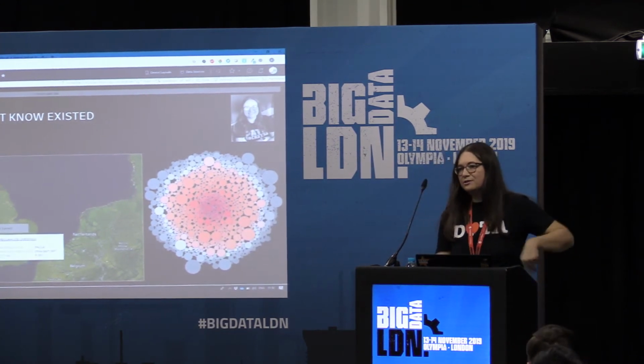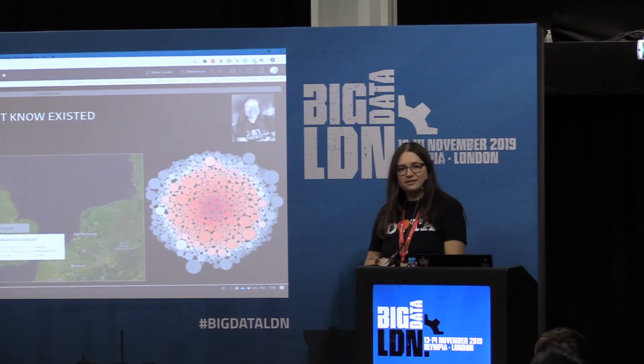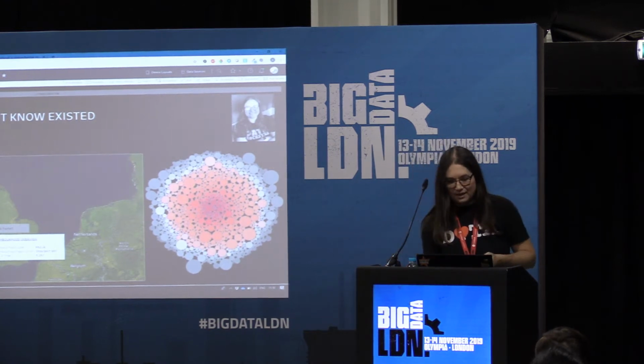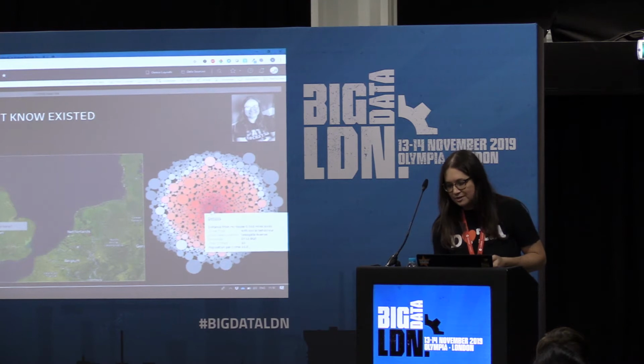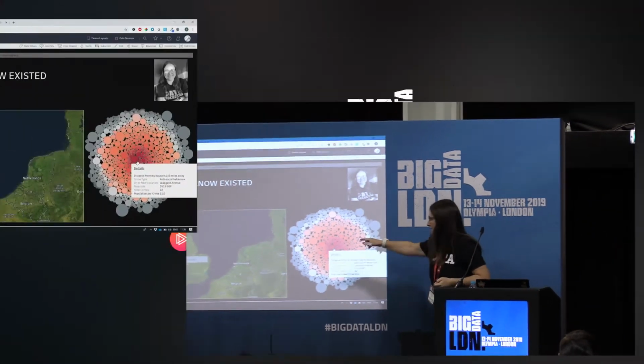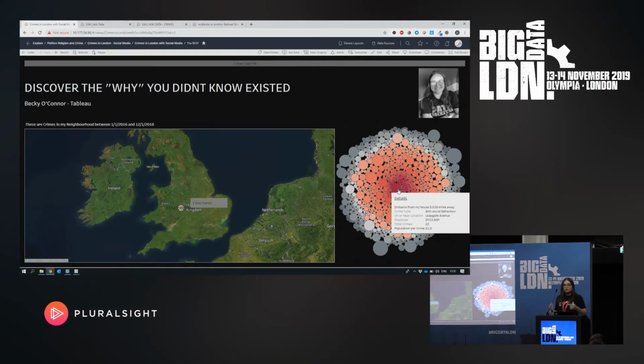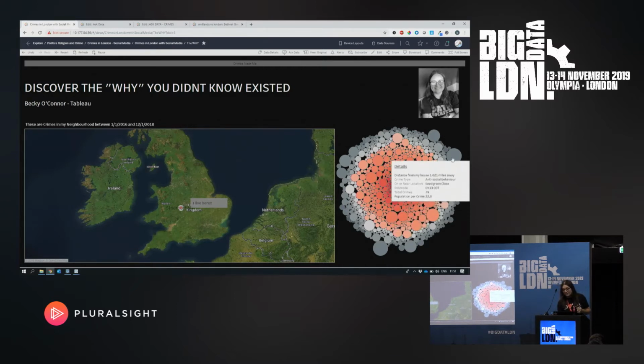In here I'm looking at crimes and crime data within my particular area, and if I look at it on a bubble chart, I can see that the closer the crimes are to my house, the more red they are. The further away from the red, the less crime there is.